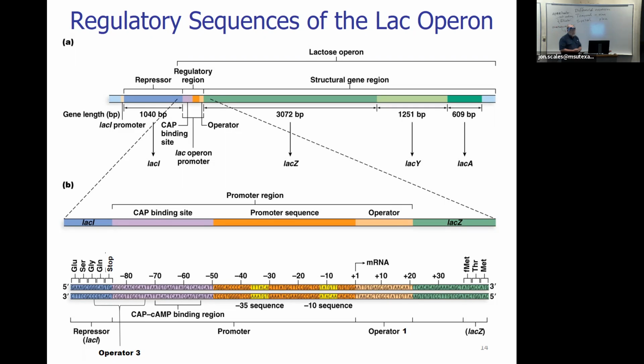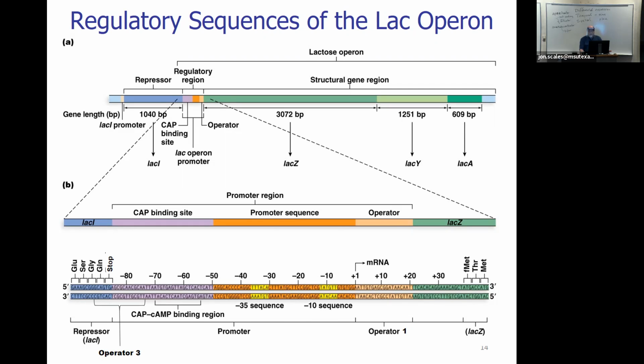So when it's getting low on energy, it needs to eat any other source of food in its environment, any other sugar. So that cyclic AMP activates a protein called CAP, cyclic AMP activated protein, binds to the DNA and will cause transcription.